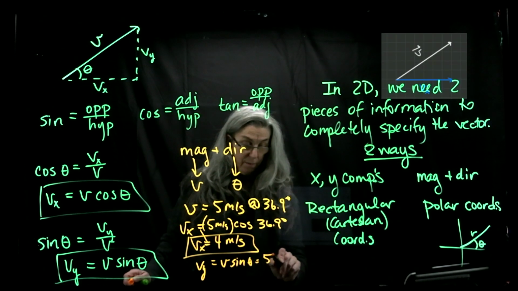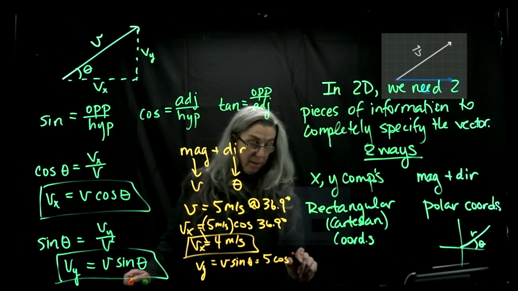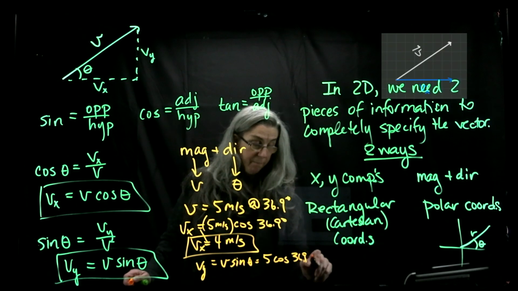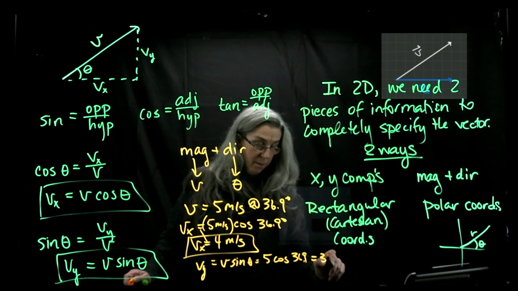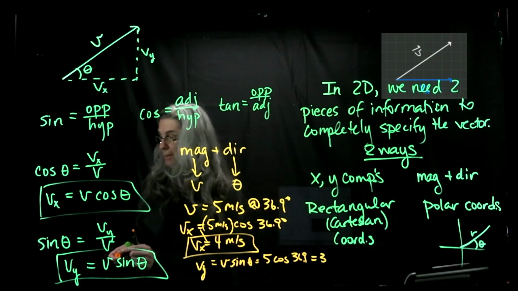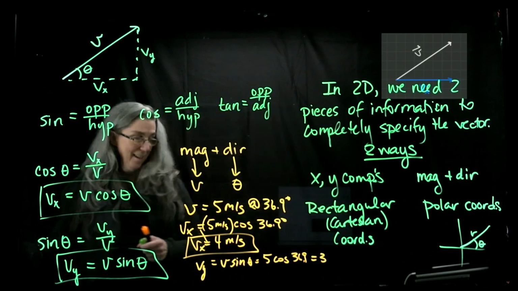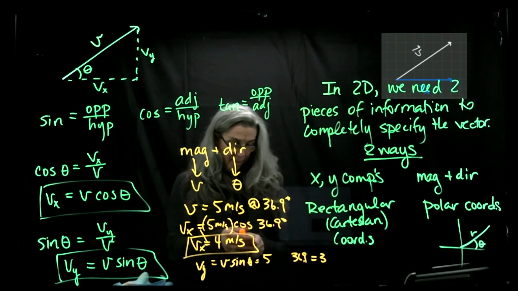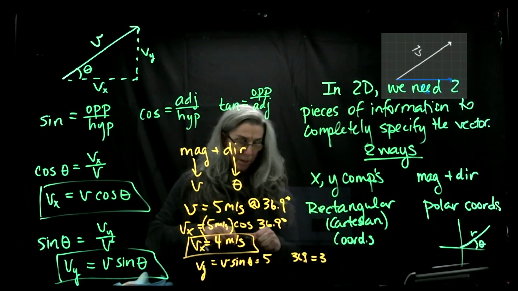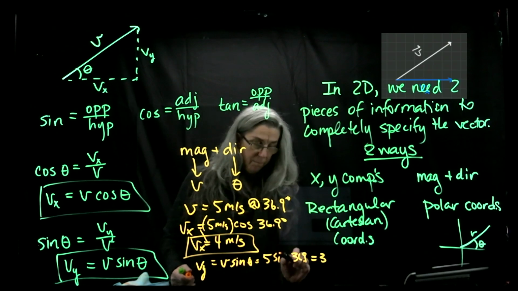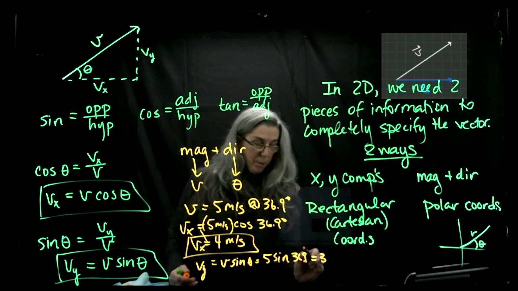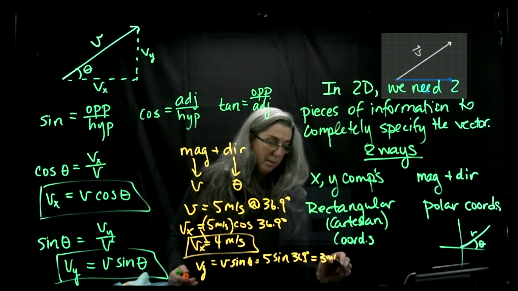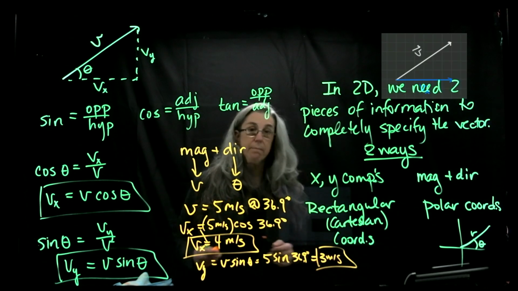I'm sorry, the sine, not the cosine for that last part. You get 5 times the sine of 36.9 degrees equals 3 meters per second.